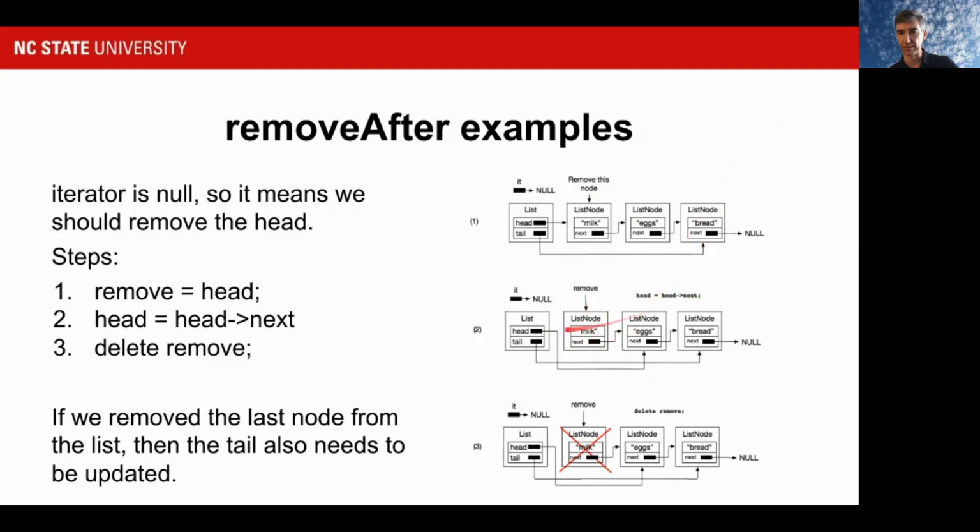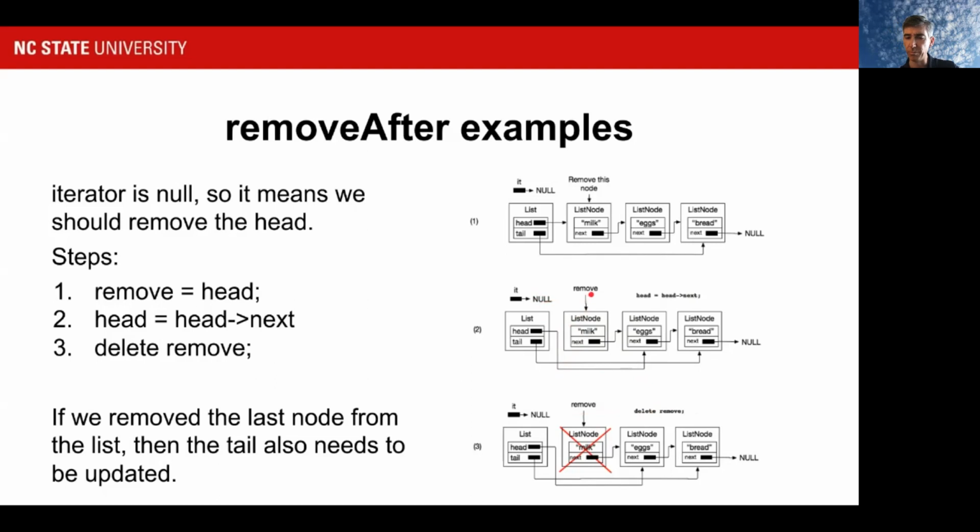Head equals head next. So that moves head down, and now my head pointer is redirected. And you'll see that after I do that, there's nothing else pointing at this object we want to remove. And so at that point, I can delete it.